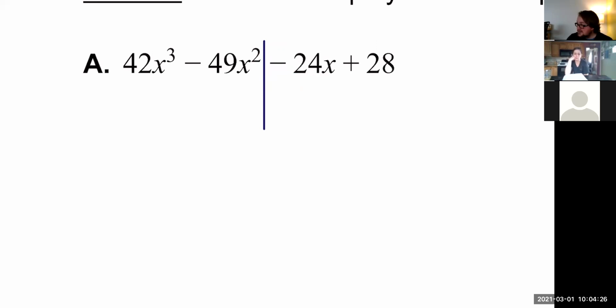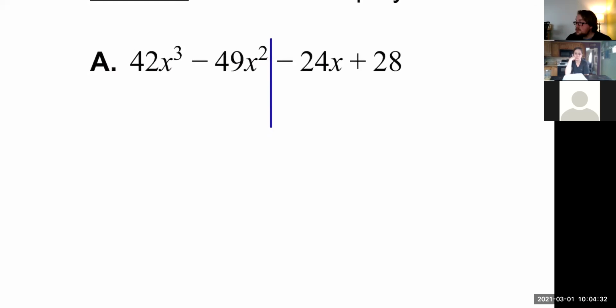It needs to be attached to something. So now I've split it into 2 groups. And what I need you to do for just a moment is imagine, as we're focusing on the left here, that the right side's not there right now. I want everyone to imagine with me that we're just looking at a binomial, 42x to the 3rd minus 49x to the 2nd.